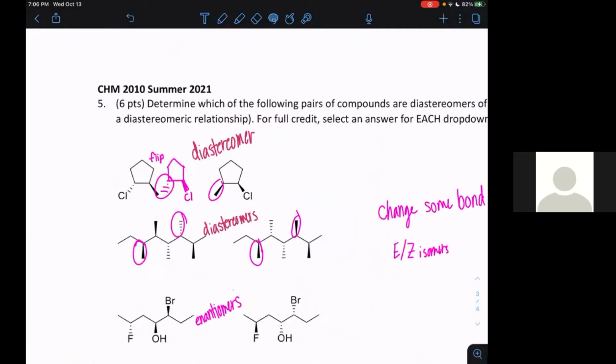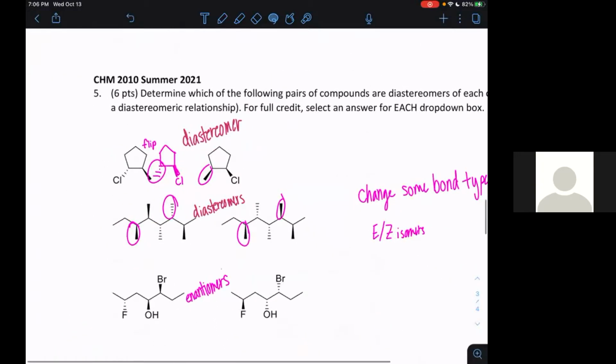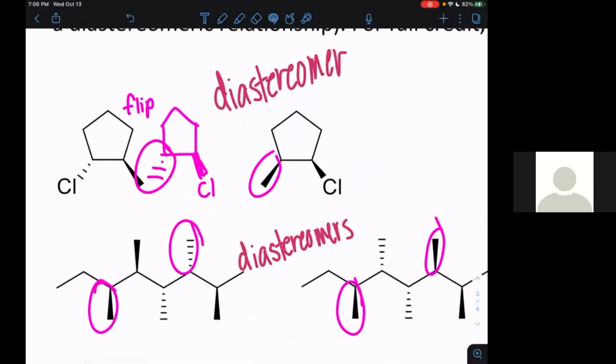So the dash for that one, when you flipped it, that's the methyl. Yeah. If you imagine this one's coming towards you and this one's going away, and if you were to flip it over, where the dashed methyl is, there would be a wedged hydrogen instead of a wedged methyl.